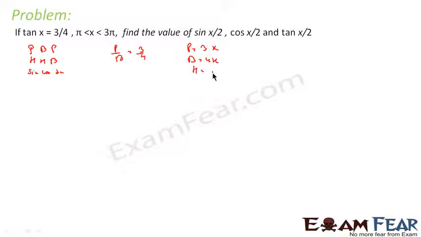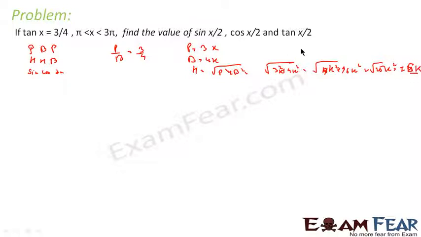h is nothing but root of p square plus b square, that is root of 3k square plus 4k square, that is root of 9k square plus 16k square. Root of 25k square is equal to plus minus 5k.